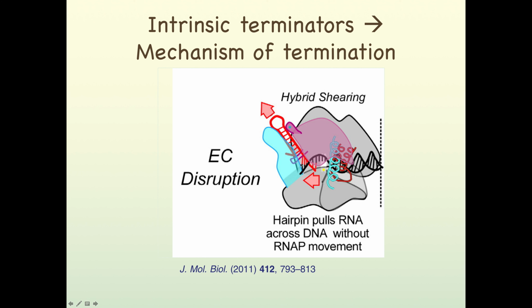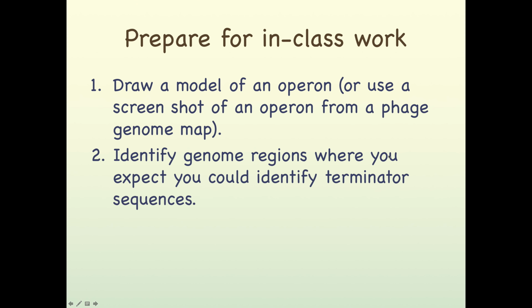And so that is one way it is thought that intrinsic terminators terminate transcription. There are a couple other theories on how formation of this hairpin disrupts the RNA-DNA hybrid. This one with hybrid shearing is the most favored theory on how the hairpin disrupts the hybrid complex, and so that's the one we're going to describe in class.